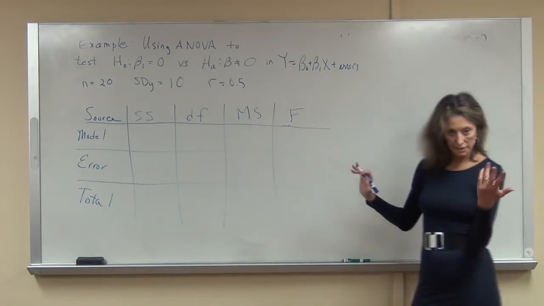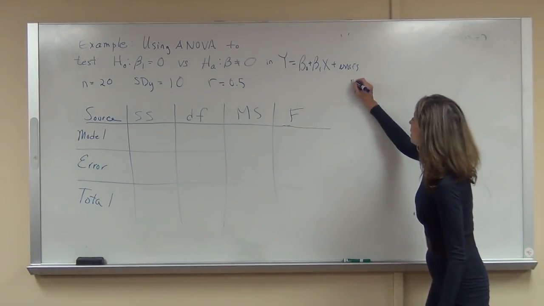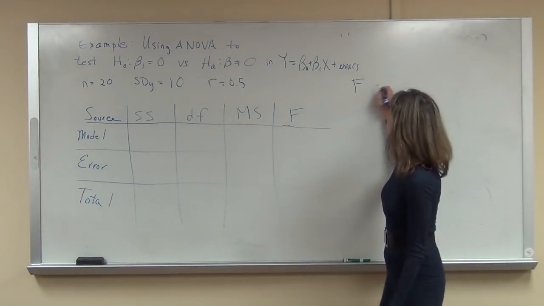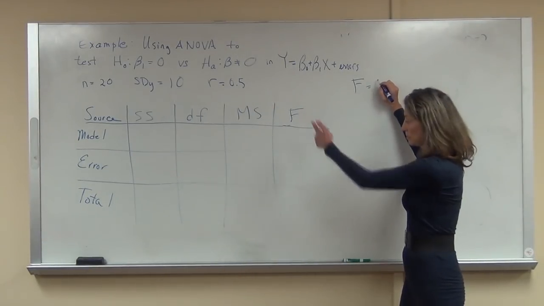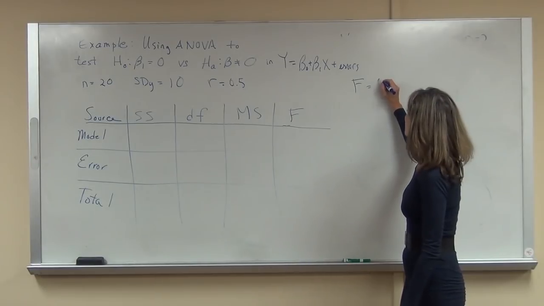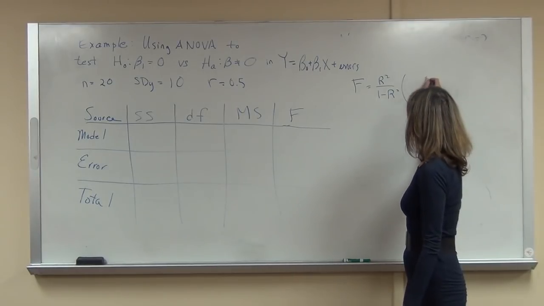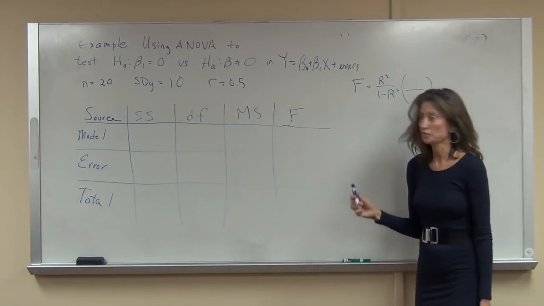So the way we just did it was we said, okay, our F statistic would be equal to R squared, which is the same thing as little r squared, over 1 minus R squared, adjusted by the degrees of freedom here.